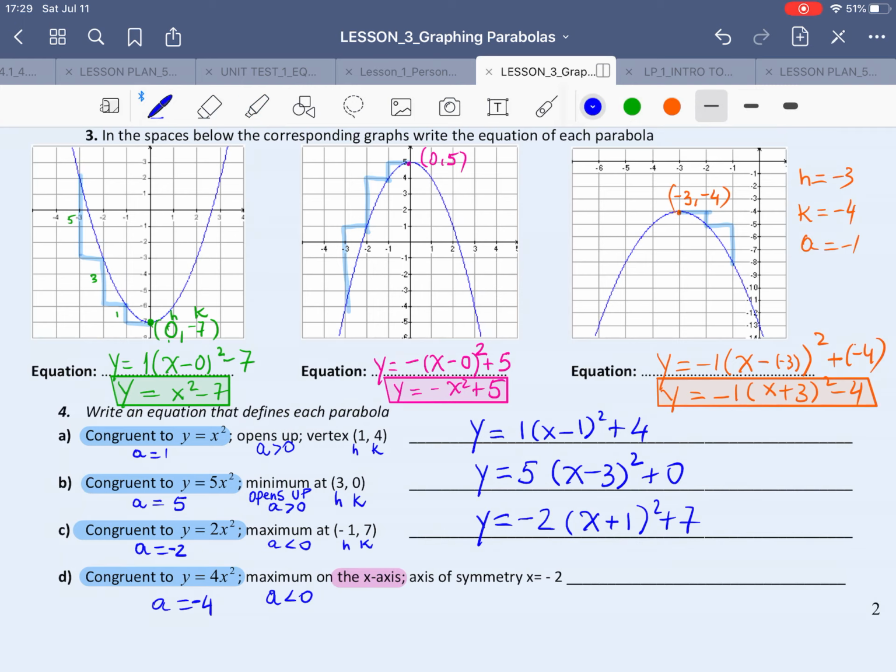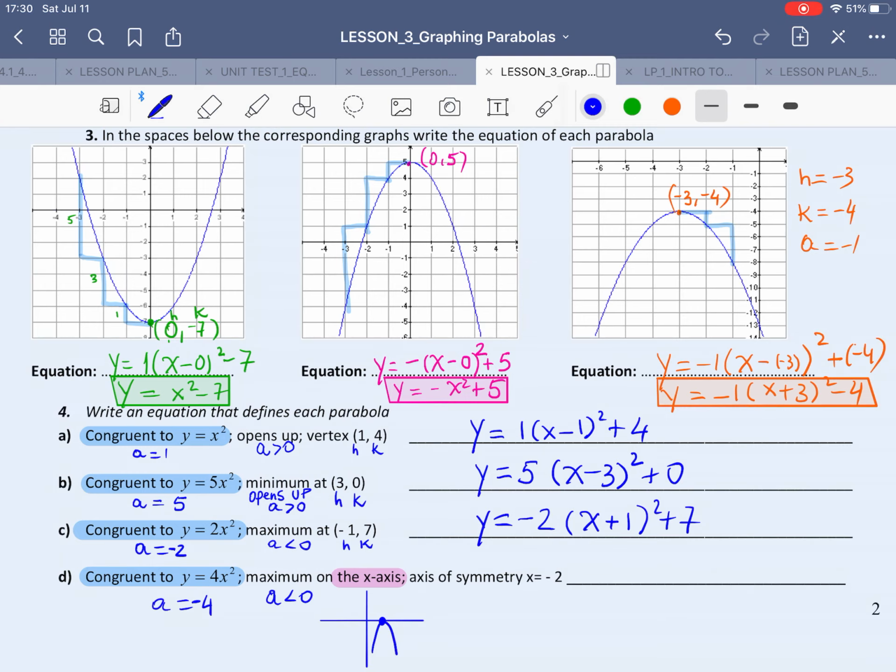So if the maximum is on the x-axis, I'm going to try to illustrate it in here. These are very ugly axes that I just drew. Let me make it nicer here. Okay. So if the maximum is on the x-axis, that means the maximum must be anywhere here on the x-axis. And if it is a maximum, it's opening down.